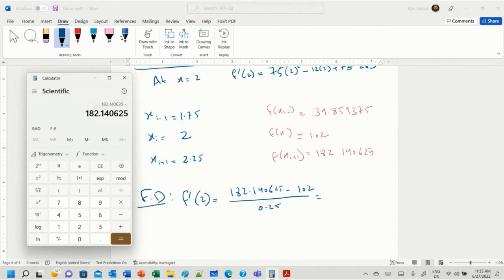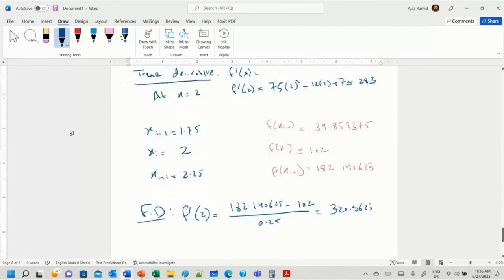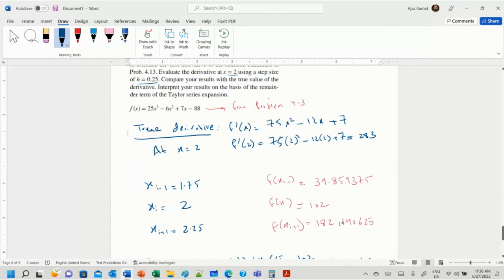So this number minus 102, divided by 0.25, not 25. So 320.5625. And the actual value is 283. We got 320.